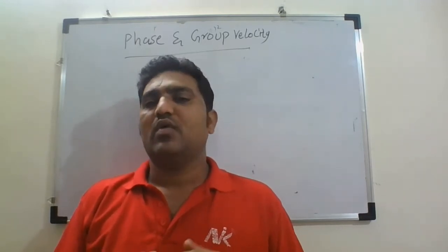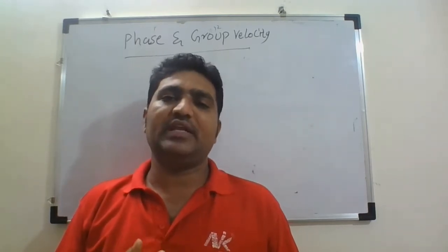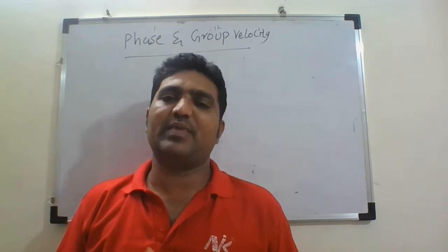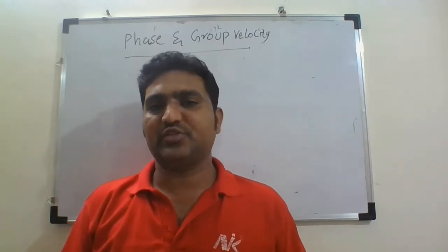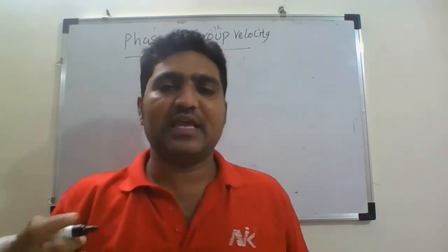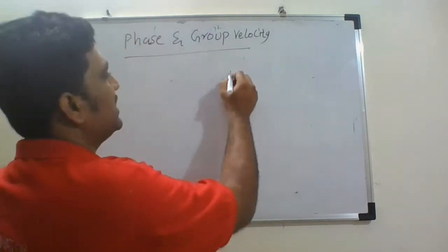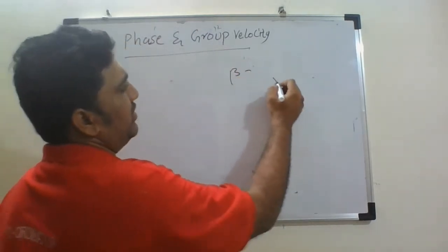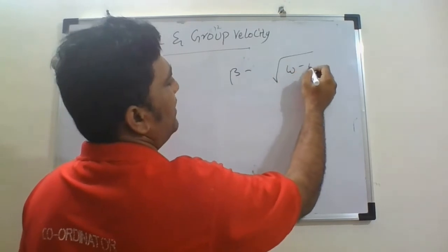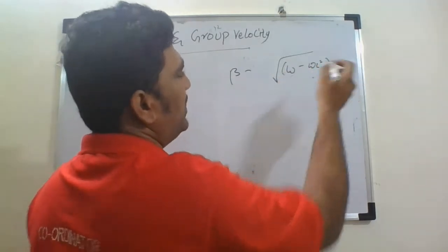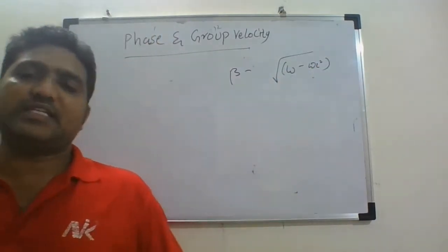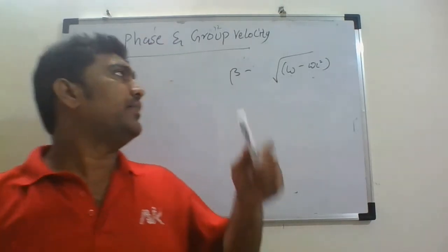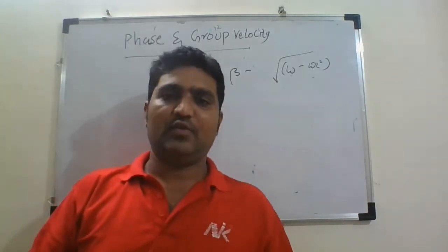Whenever the beta value is a non-linear function of frequency, as in the last case where beta is the root of omega minus omega c square, it is a non-linear relation between the beta value and the gamma value.